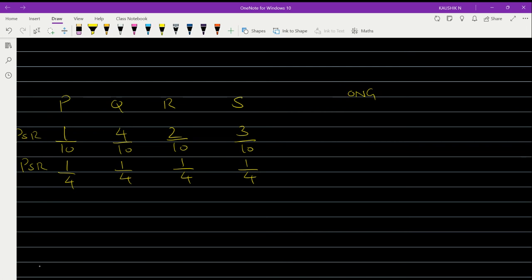To find out the gaining ratio or the sacrificing ratio, I'll give you a mnemonic: S stands for sacrifice, O for old, N for new, G for gain. When you want to find the sacrificing ratio, the formula is old ratio minus new ratio.